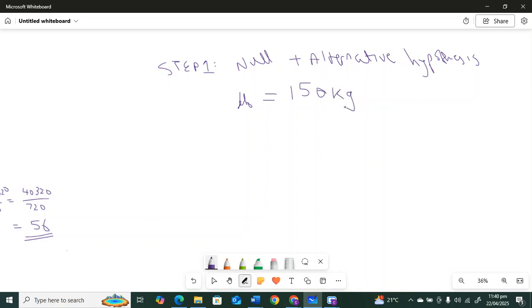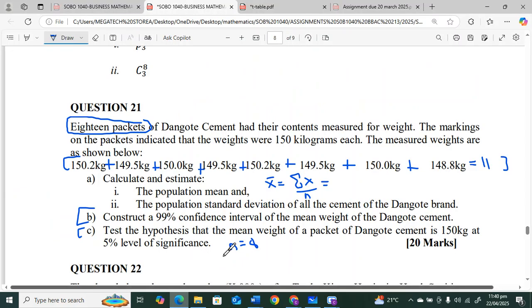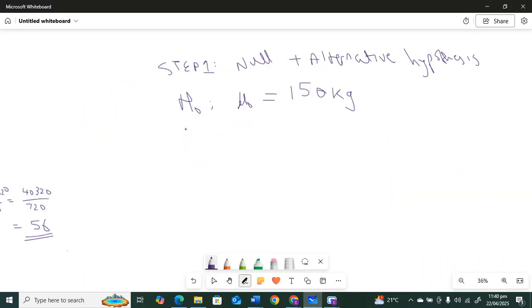That is our null hypothesis, which is labeled as H0. So this is basically saying the mean weight of a packet of Dangote cement is 150 kg. The null hypothesis will be worded in the question. So now, what is the alternative hypothesis then?